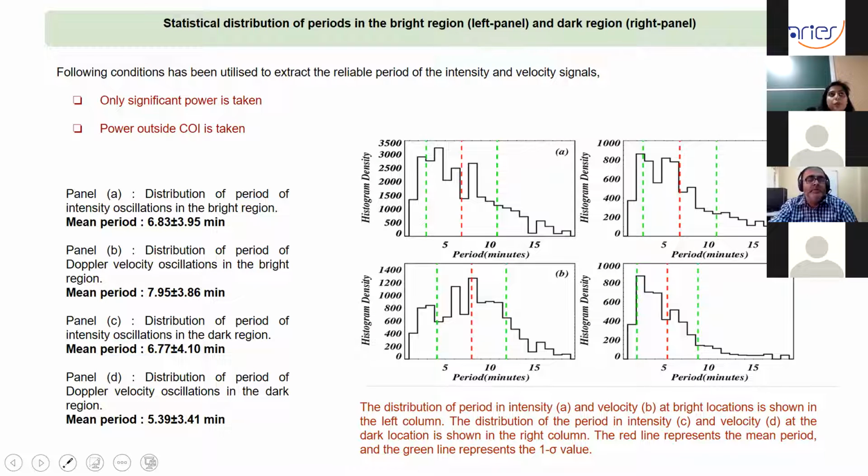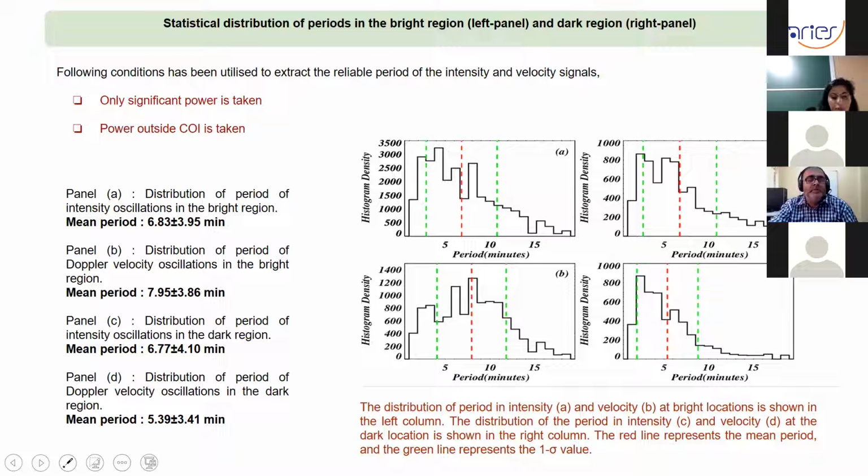After that, we have plotted the statistical distribution of period of intensity and velocity signals in both bright and dark regions. Panel A is the distribution of period of intensity in the bright region.